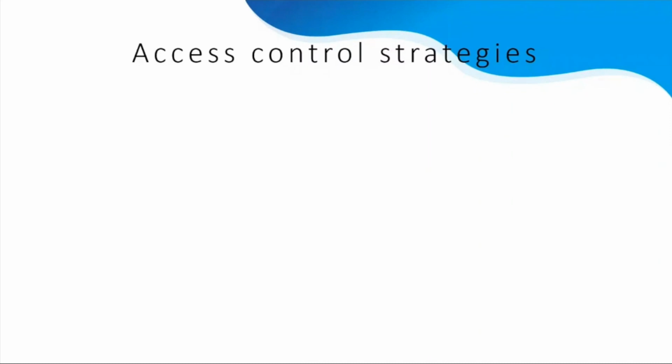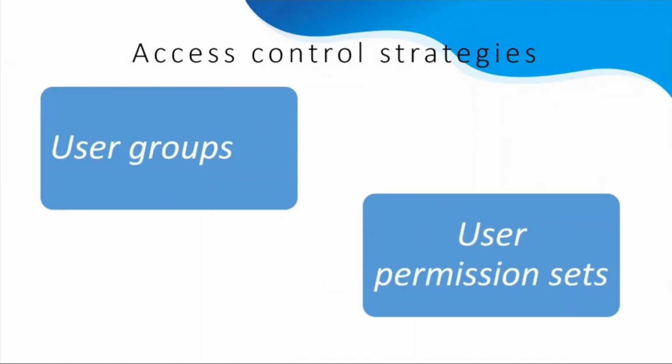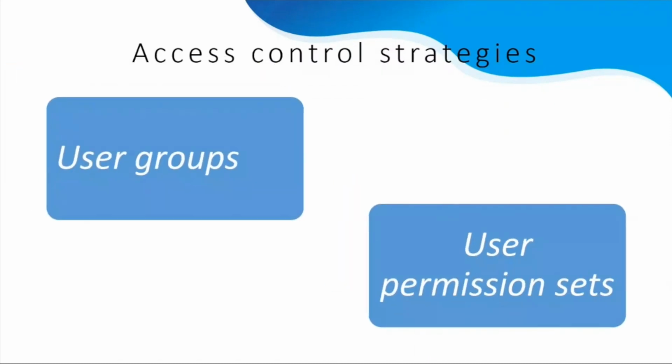Cool. I'm going to kick off and open the floor with user groups and user permission sets. In Business Central, on the user card, which I will show you in Business Central soon, you have user groups, and within user groups, you have user permission sets.